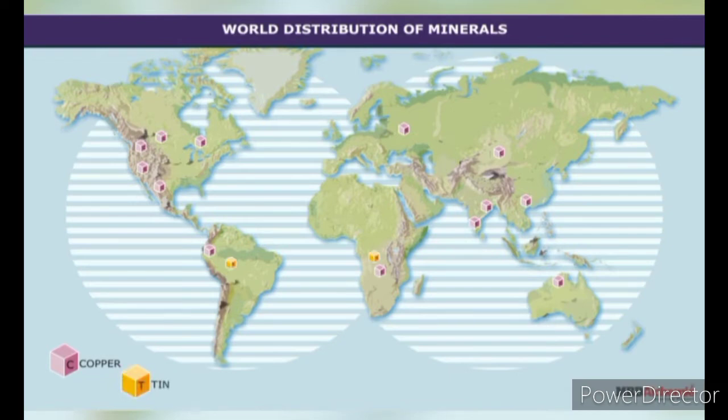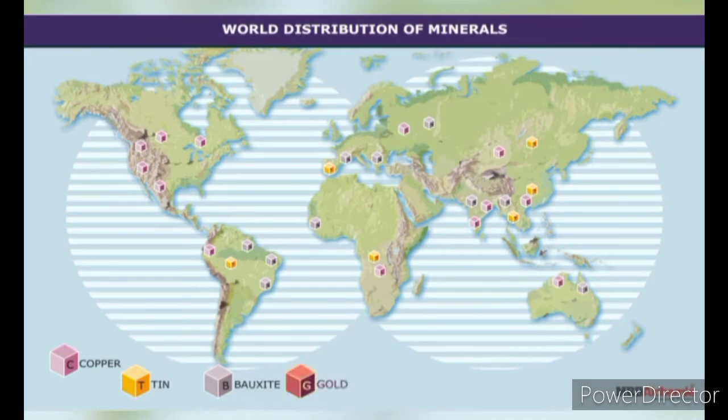China, Indonesia, Malaysia are among the leading producers of tin. Bauxite. Australia is the largest producer of bauxite in the world. Other countries having bauxite are China, Indonesia, Malaysia, and some countries of South America.